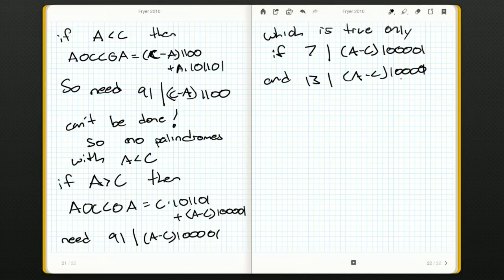Let's clean that up a little bit. Now, neither 7 nor 13 divide 10001, as we verified earlier, but we can check again on our calculator if we're a little unsure.